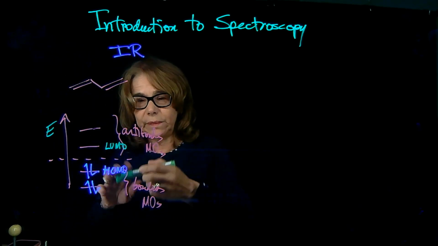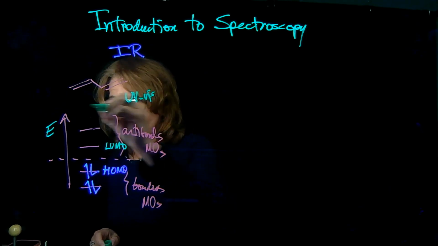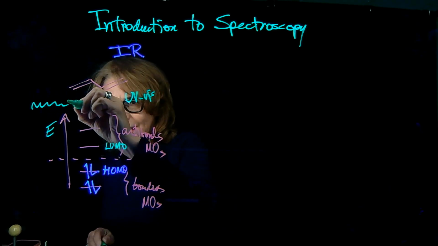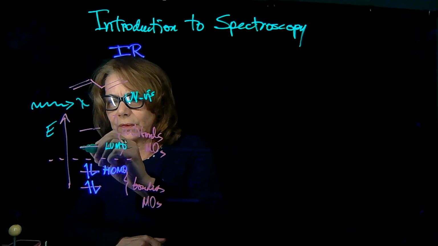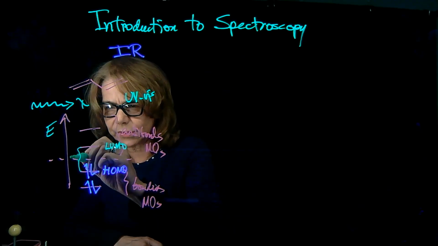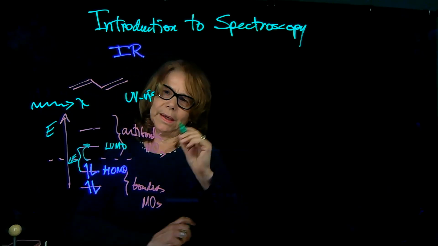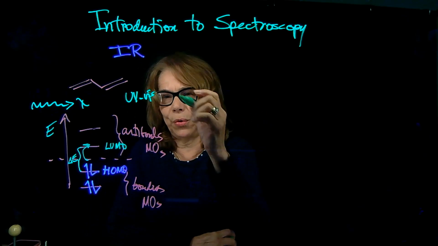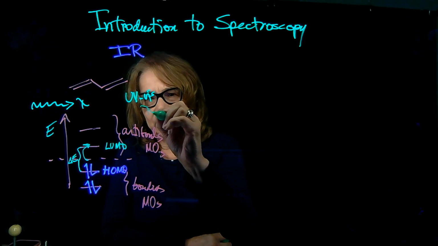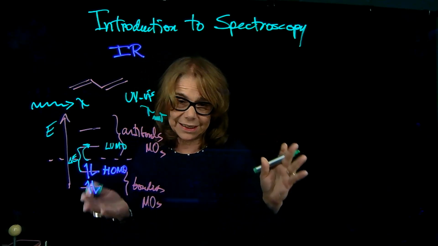What UV-visible does is use light at a particularly specific wavelength so that it excites one electron to jump up, and that's associated with an absorption band. We get this information, lambda max. But the bottom line is that what we have is an electronic transition.